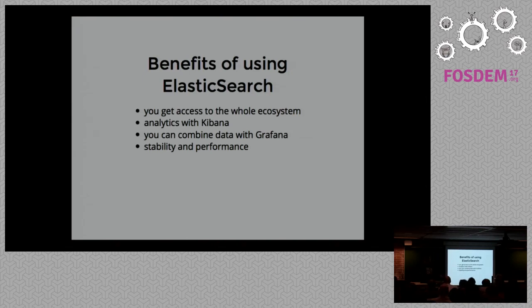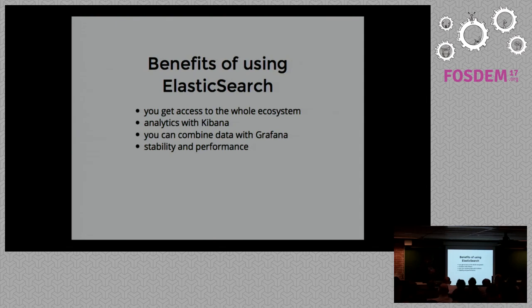Having said that, because this uses an Elasticsearch backend, I recommend using Elasticsearch or any other analytics platform of your choice, because in the case of Elasticsearch, you get access to a whole ecosystem. You can use Kibana to do interactive analysis of the data. An interesting use case is if you have your resource utilization of the job in a Grafana dashboard, you can say, give me the data from Elasticsearch and overlay it.